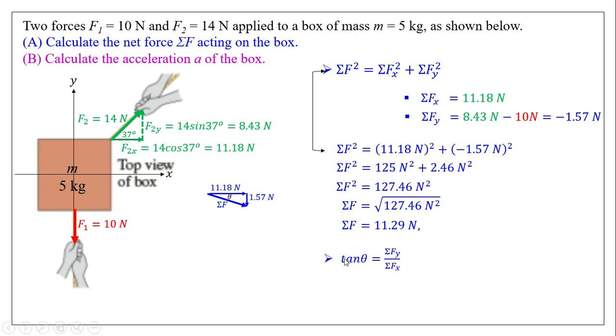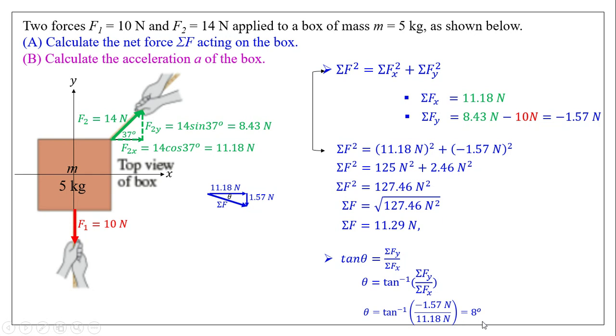But to solve for theta, we need to get rid of tan. So really, we just do inverse tan, just the opposite of that. So inverse tan of net force in the y direction over net force in the x direction. The net force in the y direction is negative 1.57, and the net force in the x direction, as we calculated earlier, is 11.18.